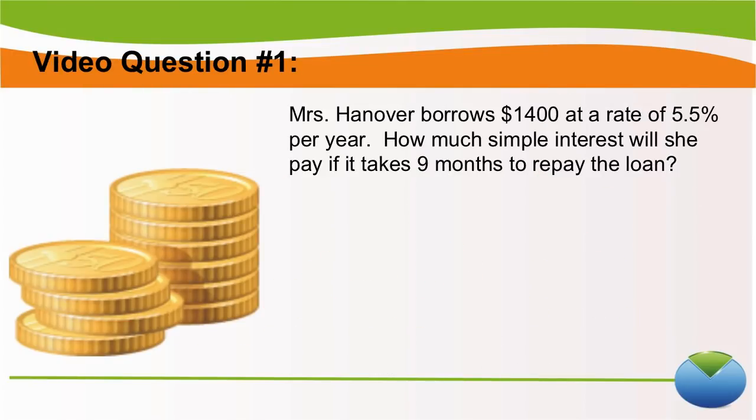Video question number 1 says, Mrs. Hanover borrows $1,400 at a rate of 5.5% per year. How much simple interest will she pay if it takes 9 months to repay the loan? Pause me while you work. Come back when you're ready for question number 2.